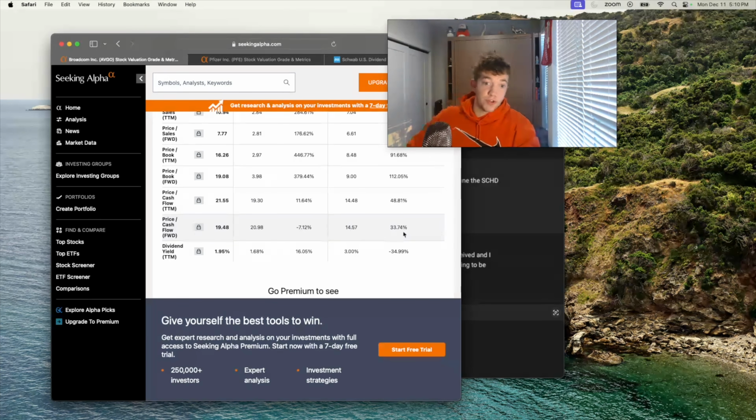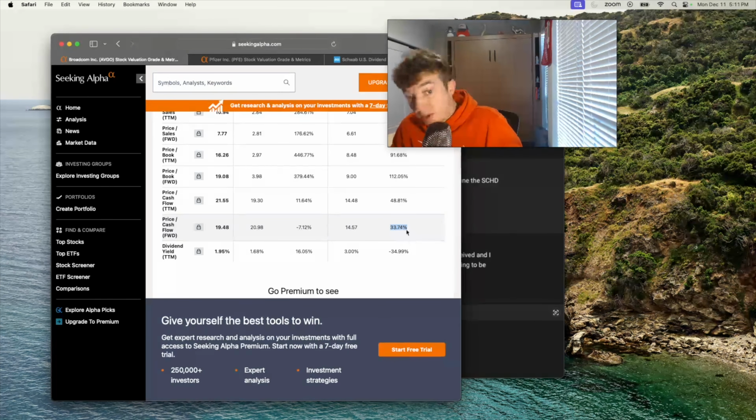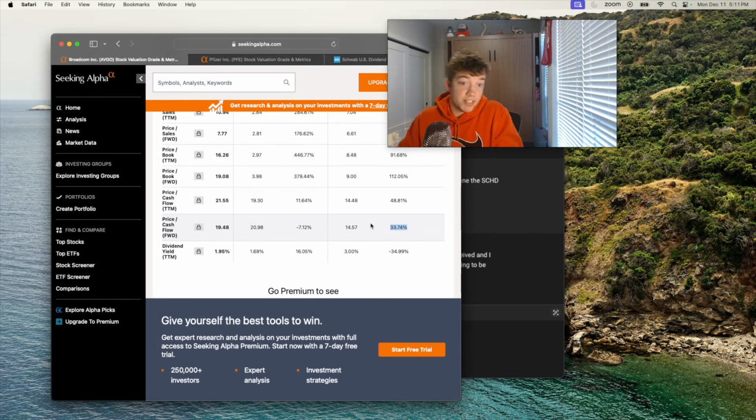And if you're using Seeking Alpha, it'll even tell you the difference here, if it's positive or negative. If it's positive, essentially what that means is the company is trading at a higher valuation from a price to cash flow standpoint than it has on average over the course of the past 5 years.